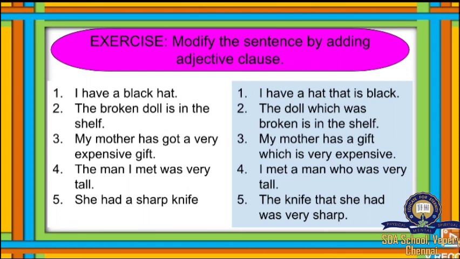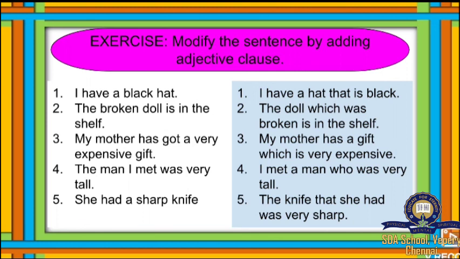So, just like how the first one had a subject, relative pronoun, and a verb, every single sentence has a subject, a verb, and a relative pronoun or a relative adverb with which it would have started.